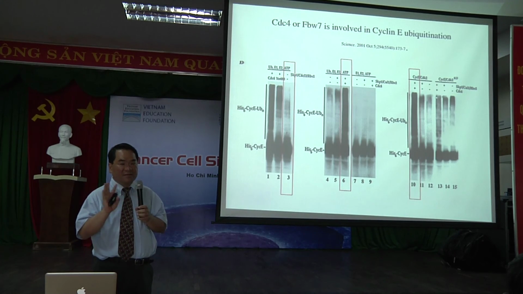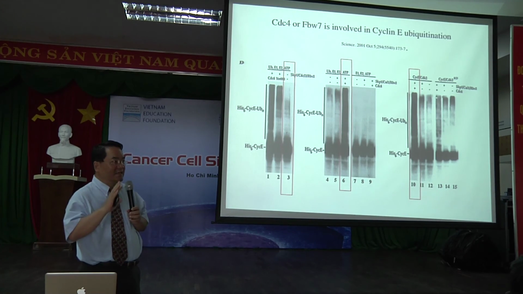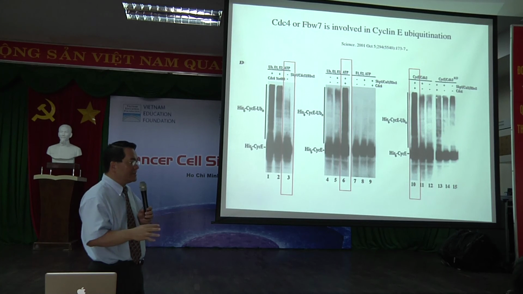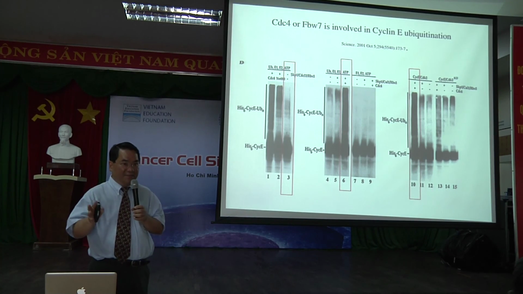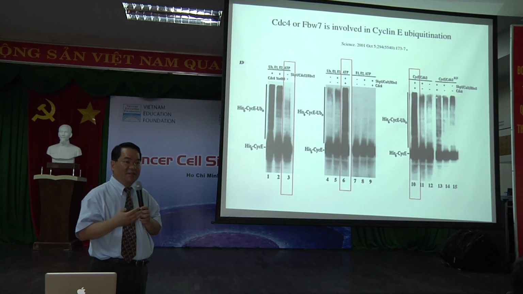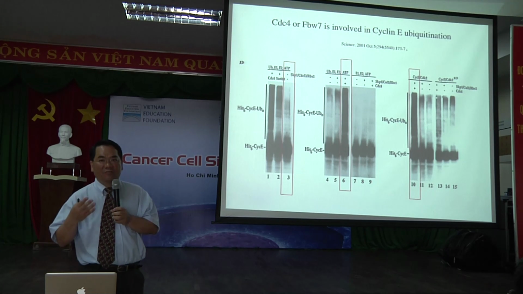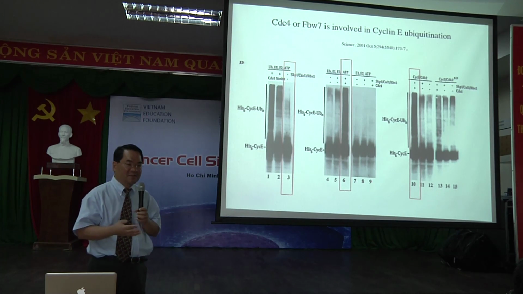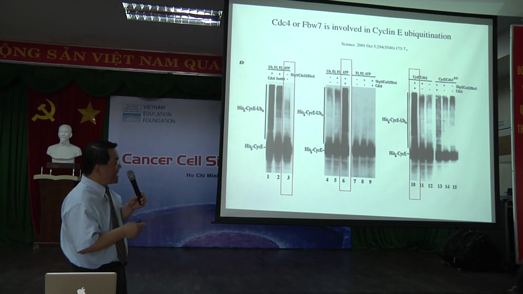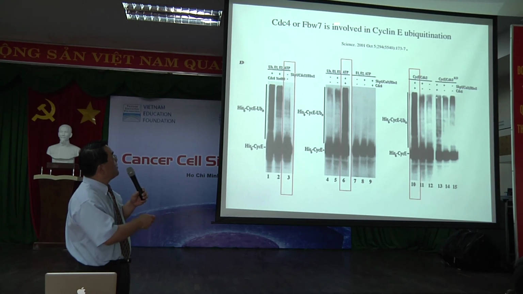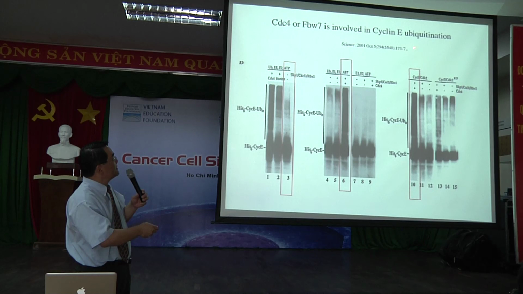We talked about how ubiquitin conjugation requires ATP. Here they have done this so-called in vitro ubiquitination process to show that FBW7, which has another name in yeast called CDC4, is involved in cyclin E ubiquitination.